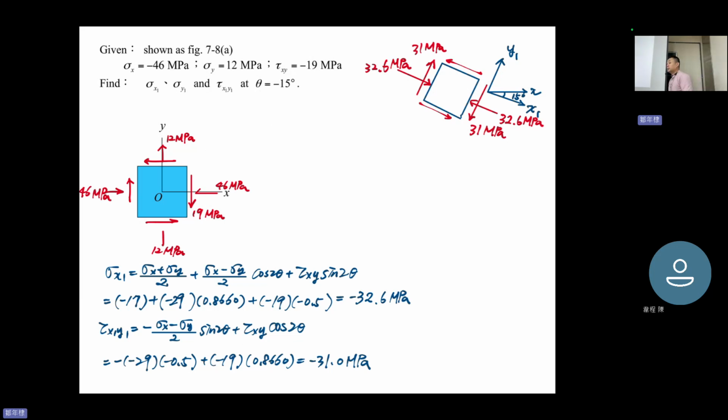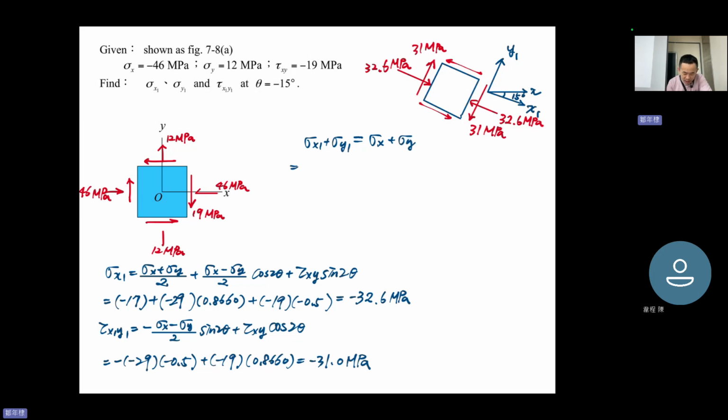Are we done? No, because we haven't found the sigma y1 yet. How to determine sigma y1? Sigma x plus sigma y is invariant, right? Sigma x1 plus sigma y1 equal to sigma x plus sigma y.